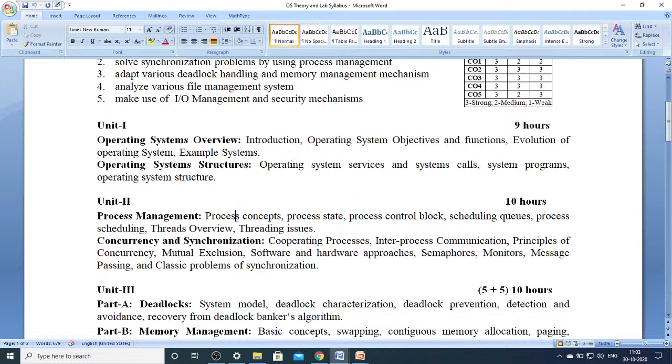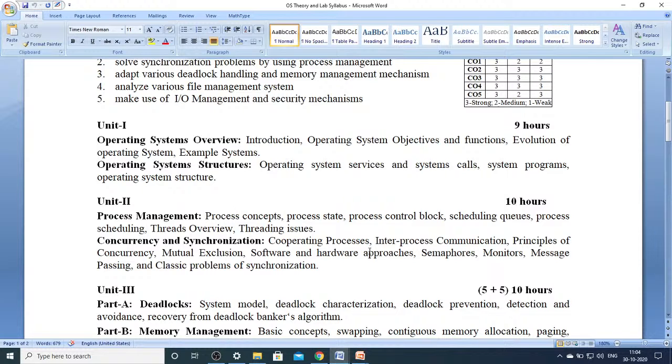The long questions that you can expect from these two chapters are, as mentioned, one is the CPU scheduling algorithm, and the other is the pseudocode you should learn for the synchronization problems. We have already discussed the classic problems of synchronization: the producer consumer problem, readers writers problem, and the dining philosophers problem.